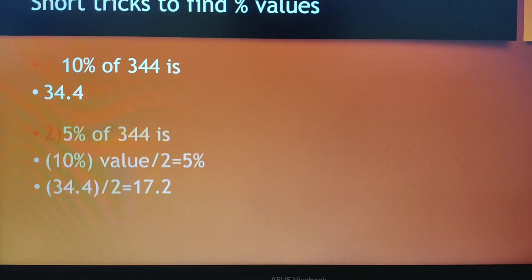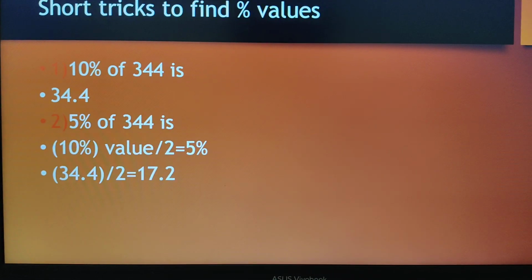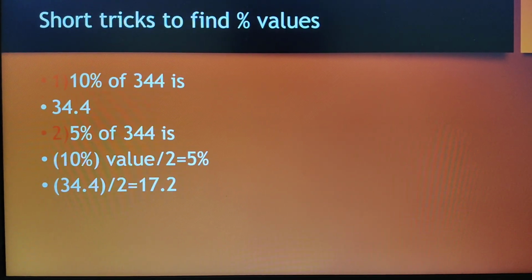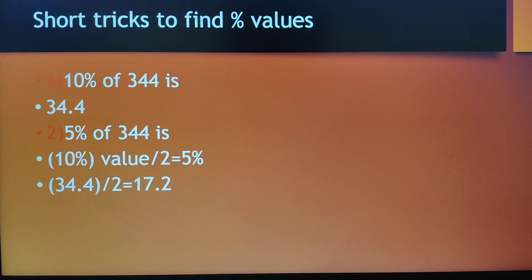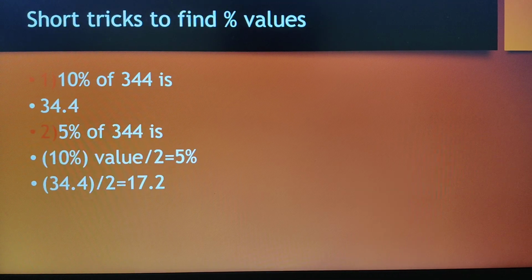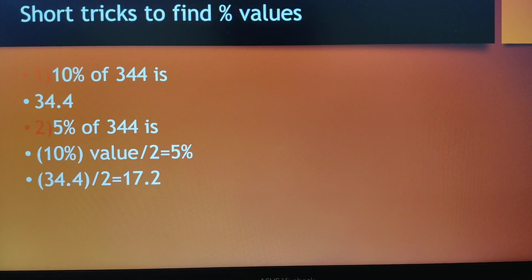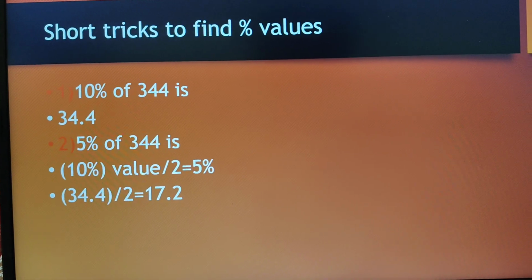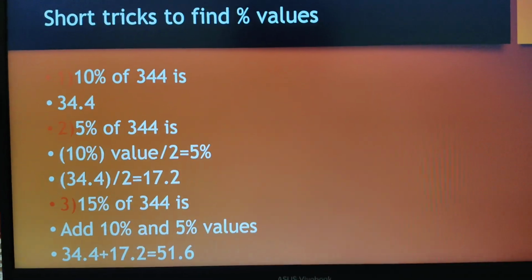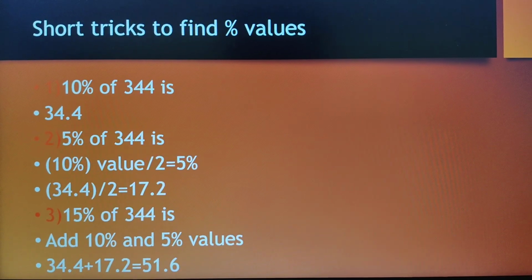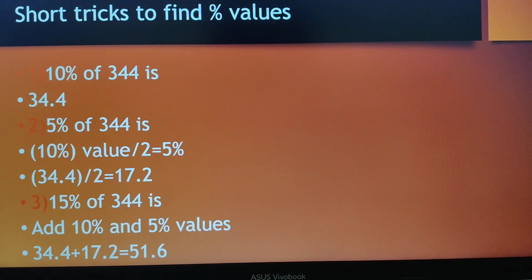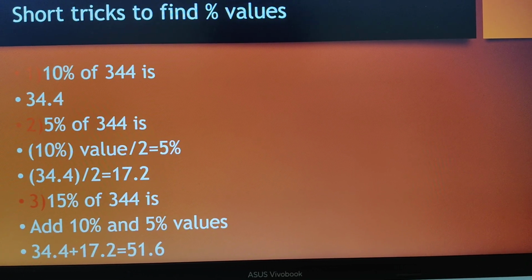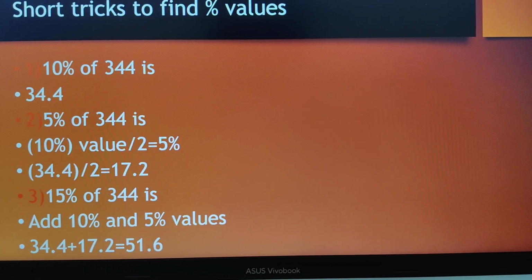Let us see another one, second example. 5% of 344. Previously we have found 10 percentage. Then half of 10 percentage will be 5 percentage. So 34.4 divided by 2, half. Then you will get 17.2, which is the 5% value. Let us see the third example. 15 percentage of 344 is. That is, 10% and 5% values are sufficient in order to find 15 percentage.